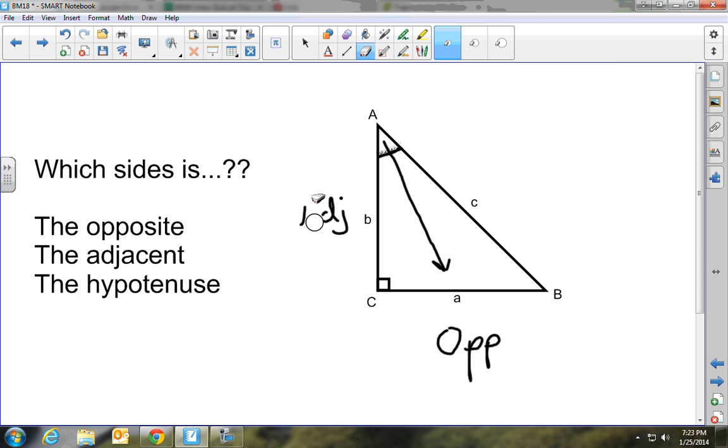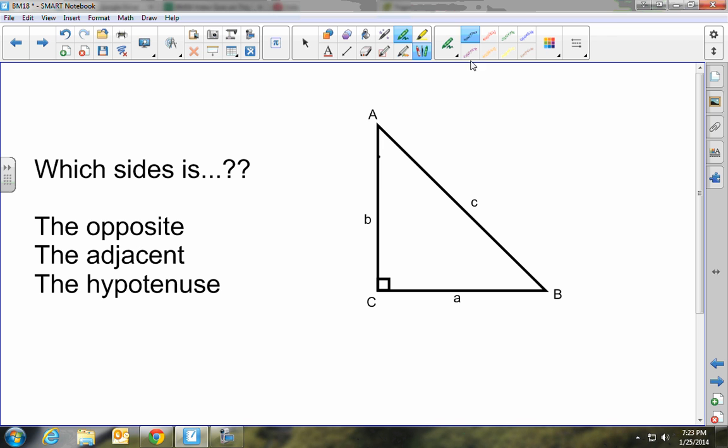If we were talking about, let's get rid of this here. Okay. Now let's back up. Let's say that we're referring to this angle here. Well, in that case, this side over here becomes the opposite, and this side here is adjacent.